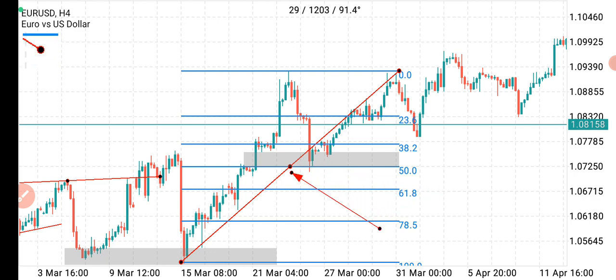It is also known as imbalance, because in the market, each of the candles is supposed to overlap each other. Look at this candle. Before this big green bullish candle you are seeing, this one stopped here, this one formed up, this one came down and stopped here.